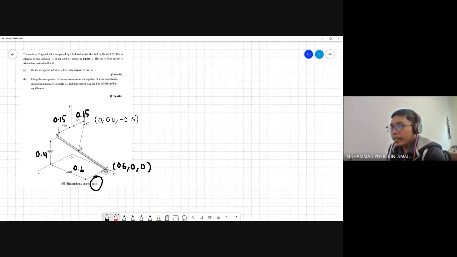For B, the position will be X is 0, Y is 0.4, and Z is 0. For G, we need to calculate.